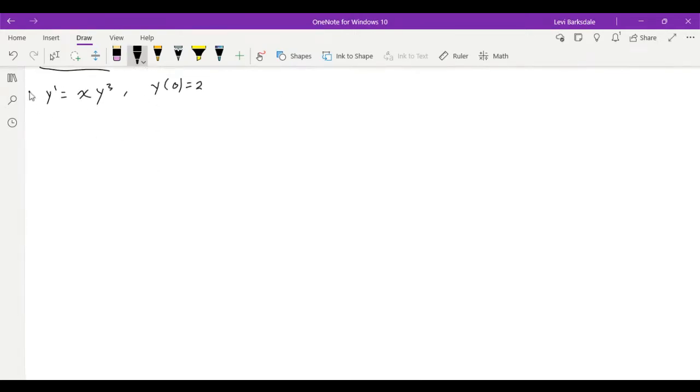And also see if you can show that y is equal to 1 over square root c minus x squared, where c is a constant, is a solution to y prime is equal to xy cubed.